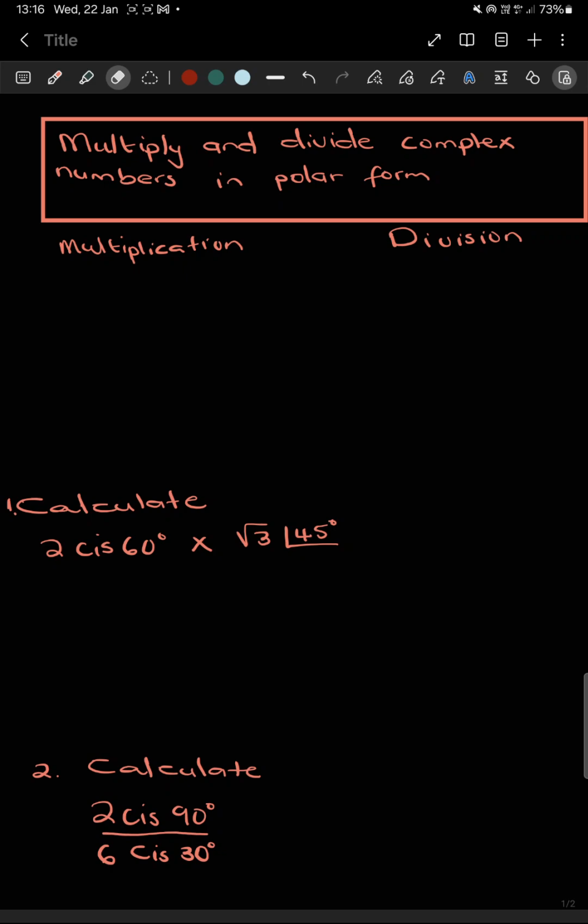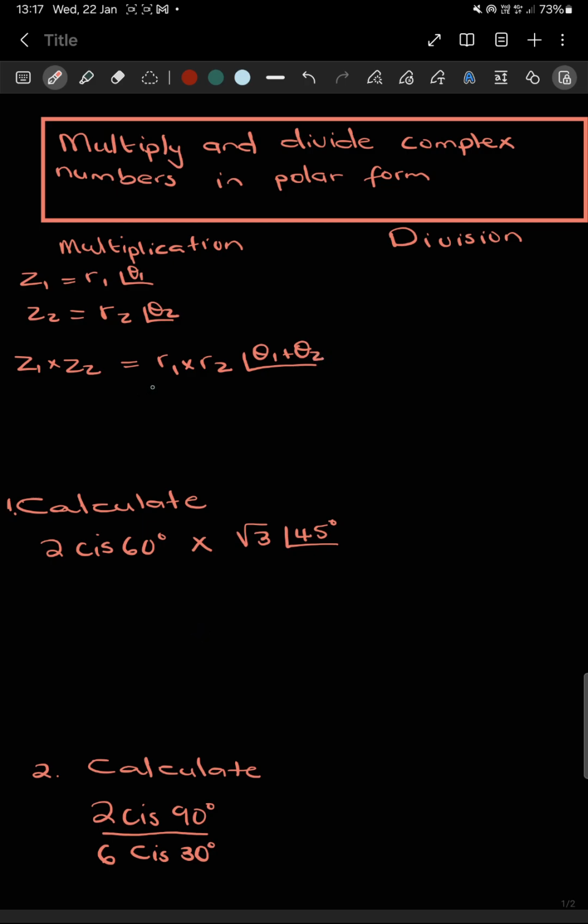The first theorem says if I have Z1 equals R1 cis theta 1, and Z2 equals R2 cis theta 2, then Z1 times Z2 equals R1 times R2 cis theta 1 plus theta 2.